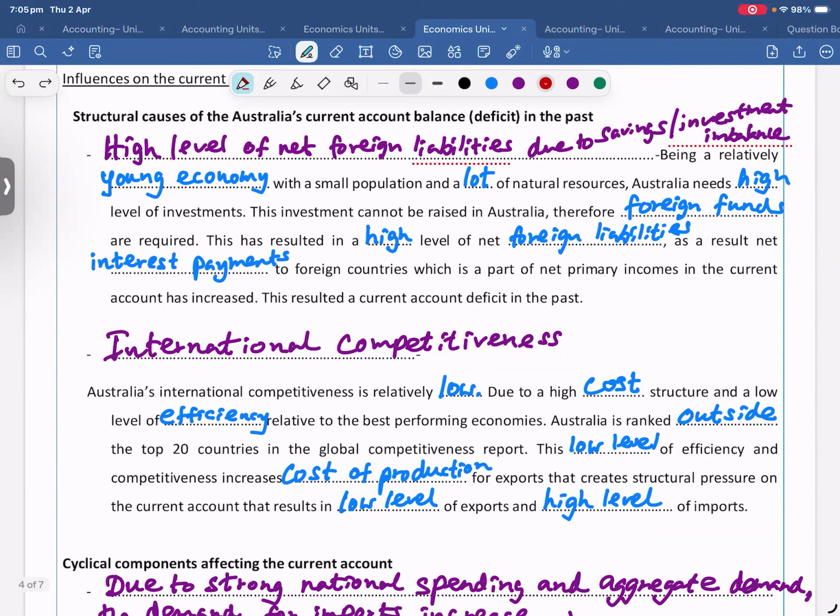Not really. Our economy is not very efficient, the methods and also the people. As a result, it makes our international competitiveness very low, right?